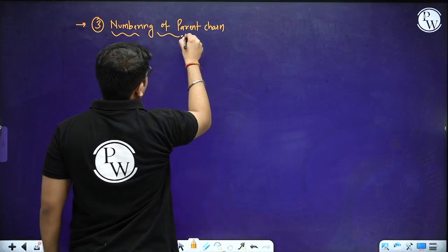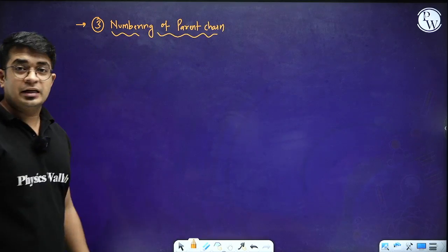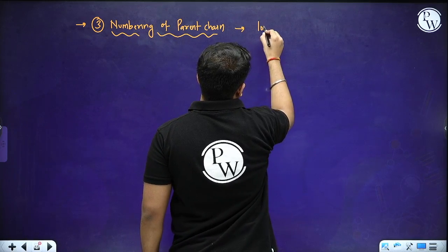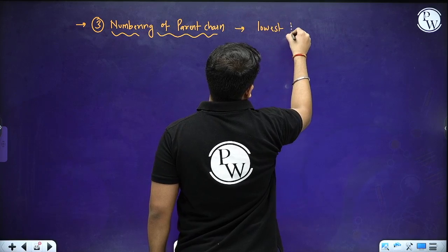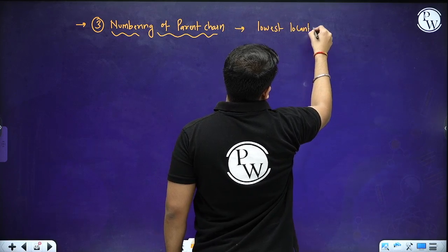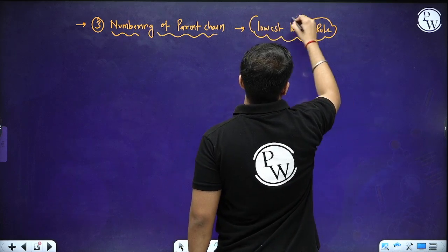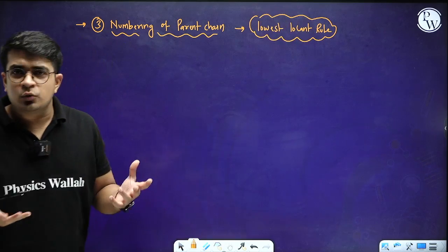So always remember, whenever we talk about the numbering of the parent chain, always use the lowest locant rule. Always use the lowest locant rule. What is this lowest locant rule?